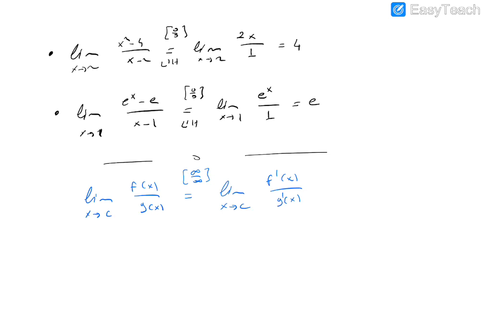Of course, if you write it as a theorem, the limit of f of x is either minus or plus infinity, and the limit of g of x is either minus or plus infinity. Actually here this quotient can be minus infinity over infinity, or minus infinity over minus infinity, or infinity over minus infinity. It does not matter. You can use L'Hopital's rule this way.